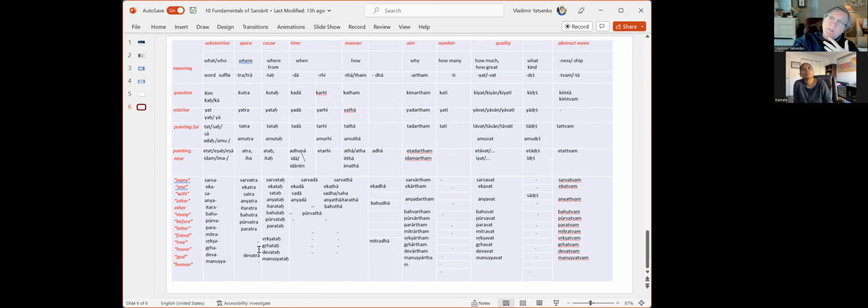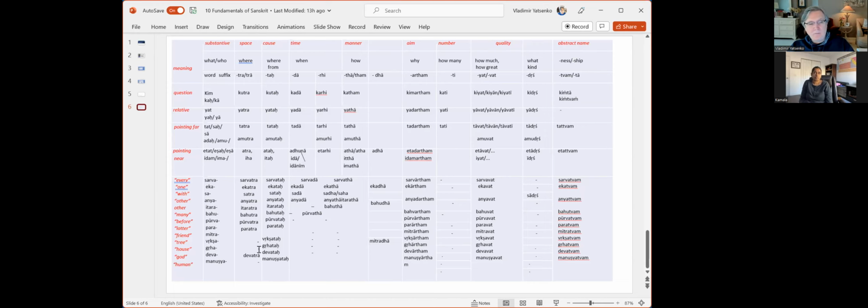But when I go from there here, it is suffix taha. So kutaha, where from, or yataha, where from relative, where from you come, there from I come. Or yataha has a meaning also of because, from where. From where has a meaning of because.